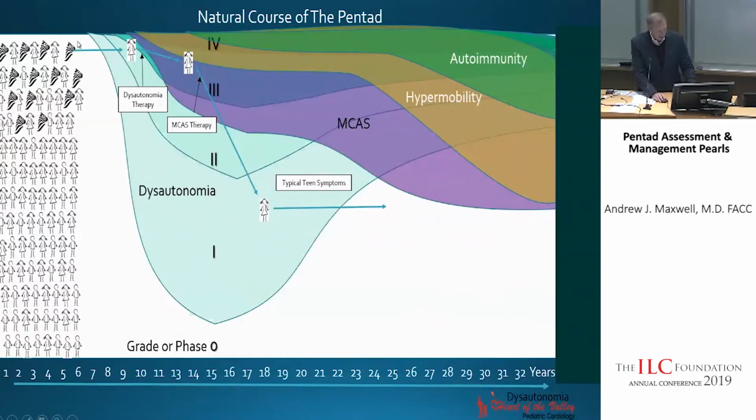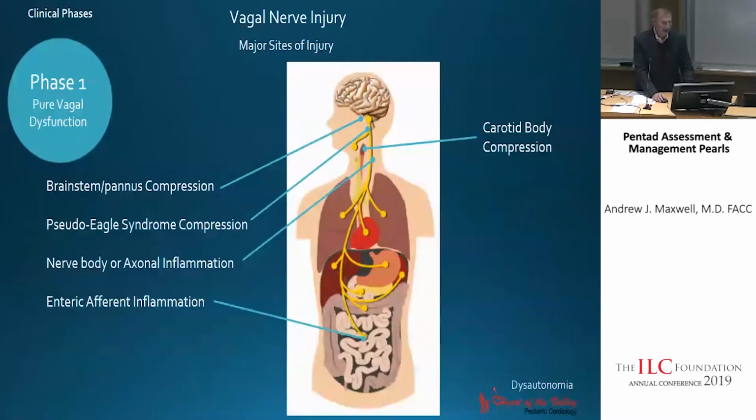And so you're not necessarily going to be following this route just because you have a genetic predisposition to it. All right, I mentioned yesterday the idea of where the vagus nerve could potentially be injured in those patients who have a primary parasympathetic dysfunction.